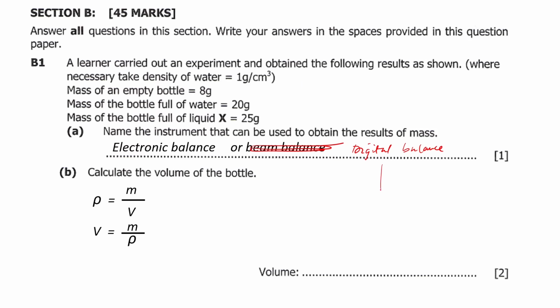We have a bottle like this. So the volume of the bottle will be equal to the volume of the liquid or water which will fill it. Once we know the volume of the liquid which will fill the bottle, meaning we know the volume of the bottle, that is the thinking here. You see how they trick you? This is how they trick.